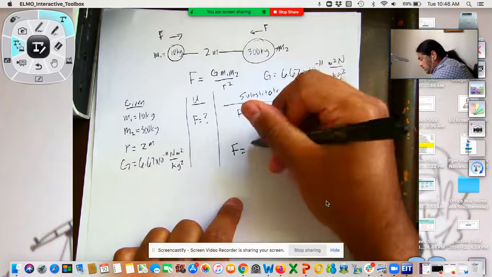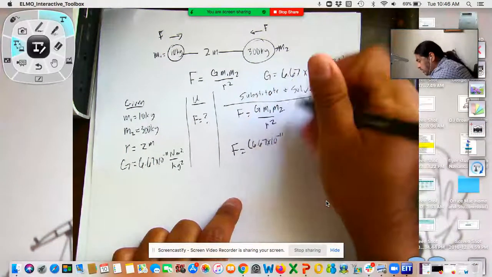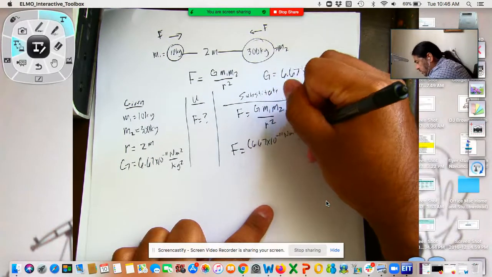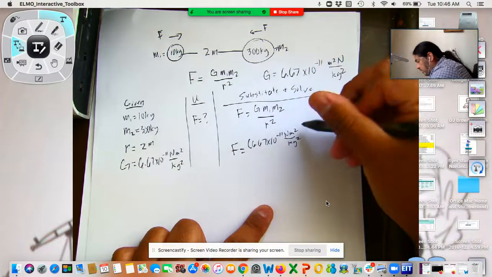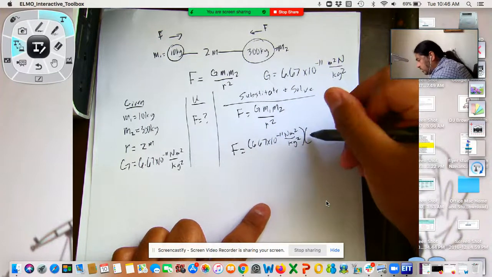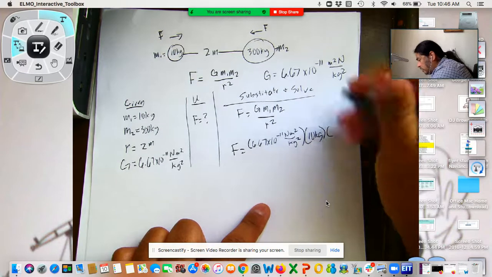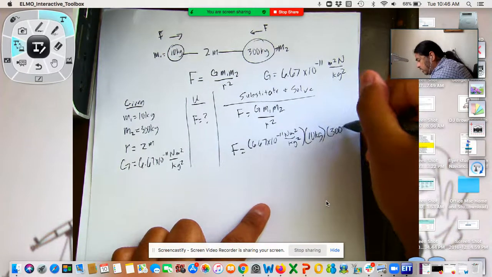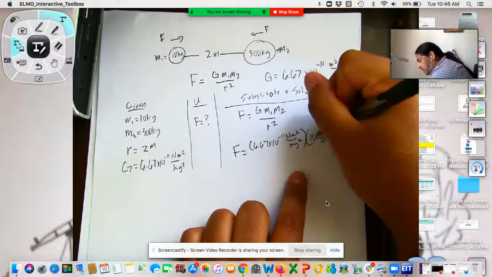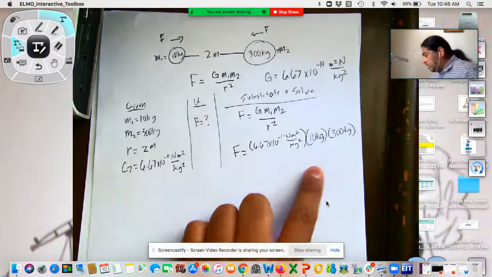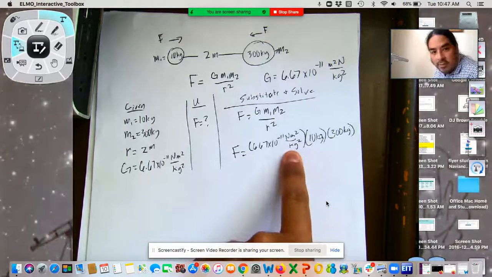Big G is going to be 6.67 times 10 to the negative 11th newtons meters squared over kilogram squared. M1, I'm calling 10 kilograms, and I'm calling M2 300 kilograms. And you'll start noticing what happens to these units. The reason that this stuff is the way it is, kilograms times kilograms is going to be kilograms squared, which ends up canceling with that one.